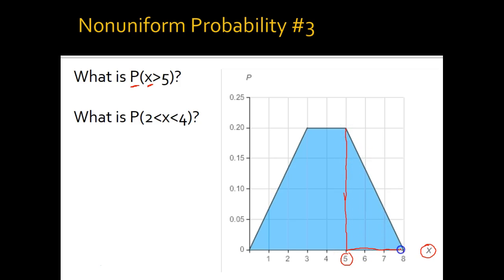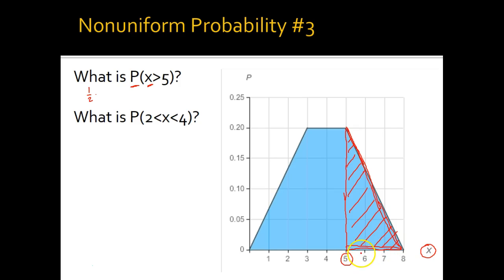So the rest of the graph from 5 on over is going to be this triangle here. This triangle section, right? The entire probability distribution kind of looks like a trapezoid, but we're only trying to find out the probability defined by this triangle. So we're going to find the area of that triangle. And the area is 1/2 times the base, which is the number of spaces between 5 and 8.